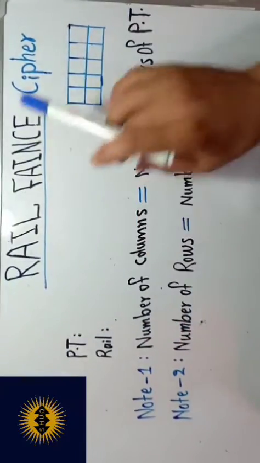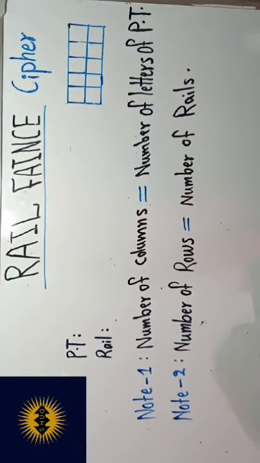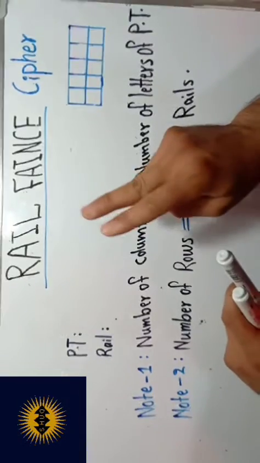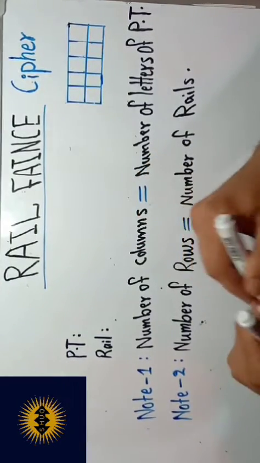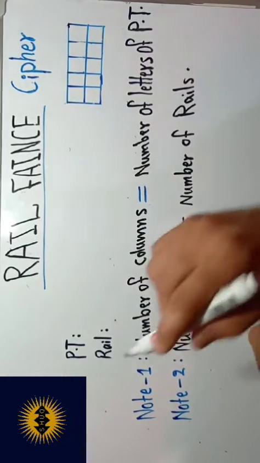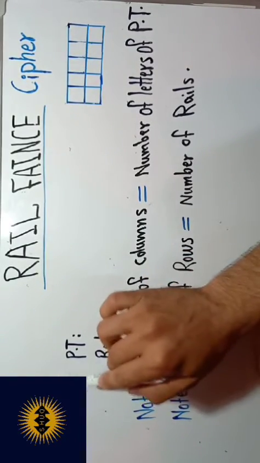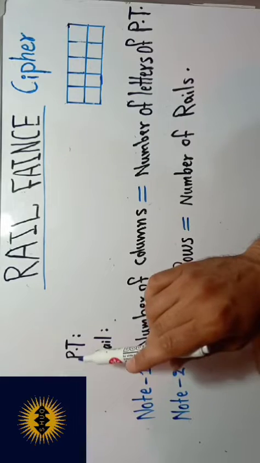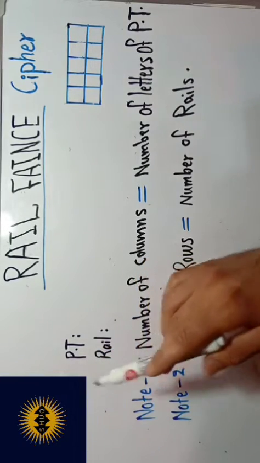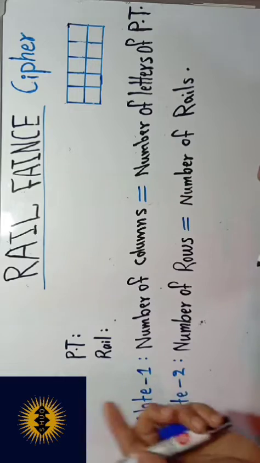Now, for doing encryption in Rail Fence Cipher, two things are very important. The first is the plaintext, or the main text, which is the text that we are going to do encryption on.